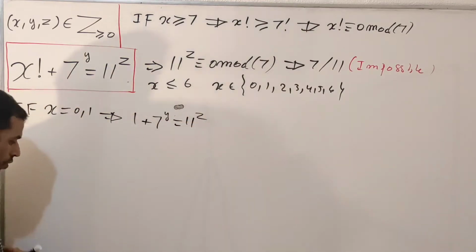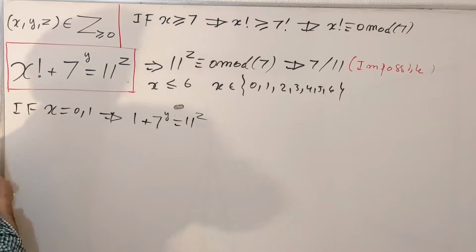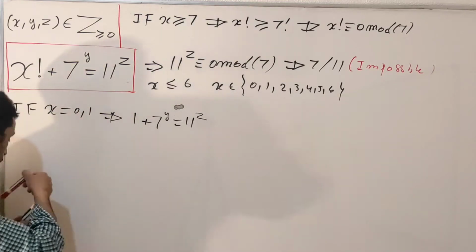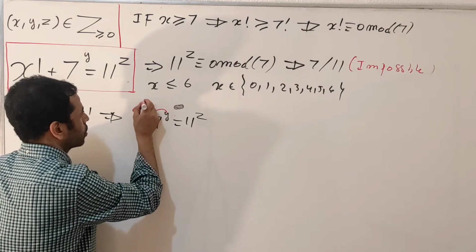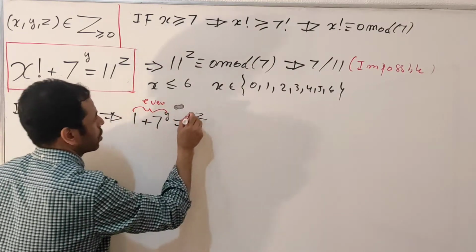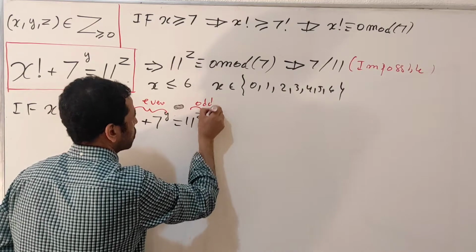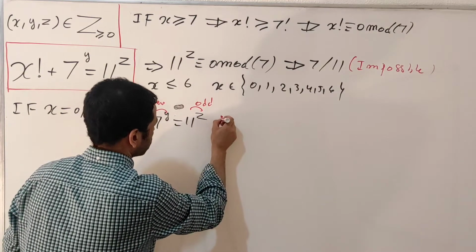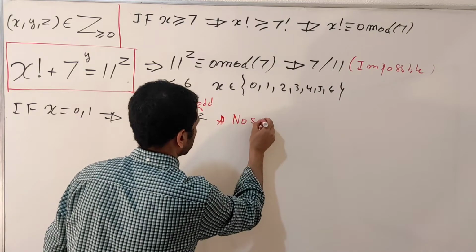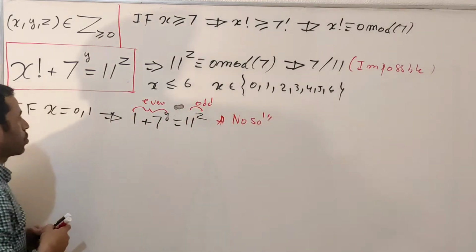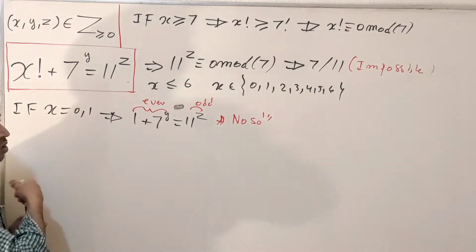Looking at this equation, these two terms are even and this one is odd, which is impossible, a contradiction, so there is no solution for x equals 0 or 1. Let's move on to the next case.